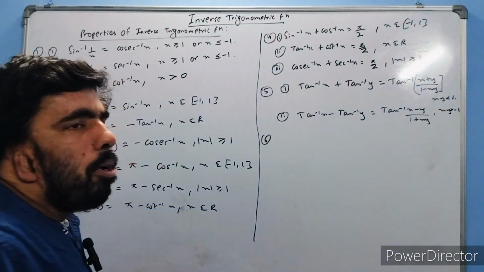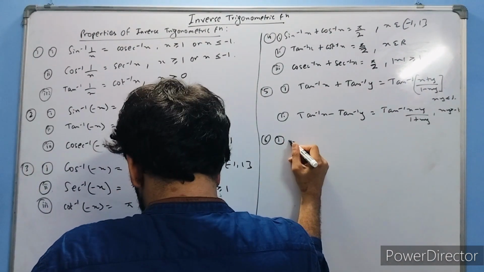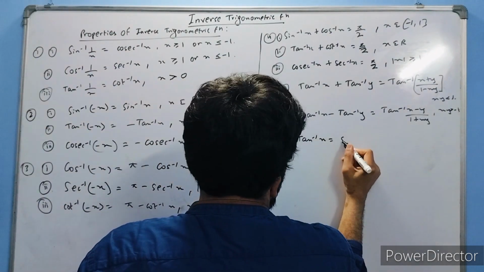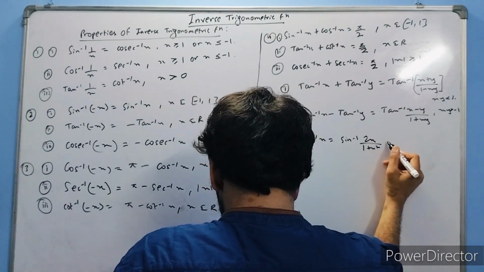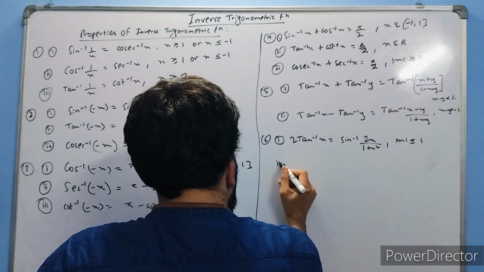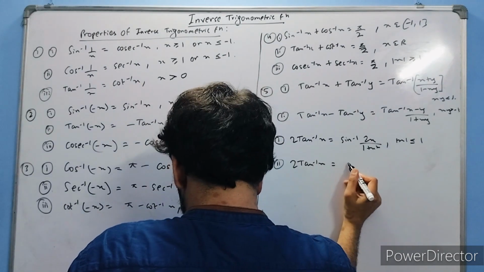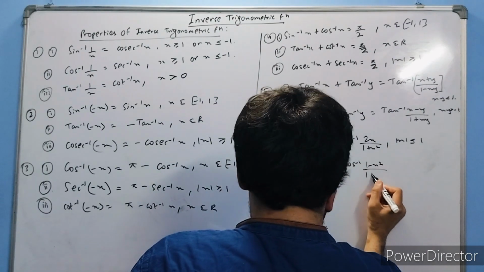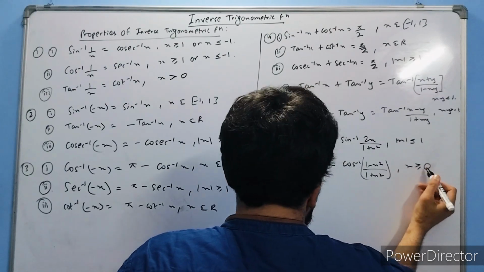Okay, so now I have the sixth one which I have divided them. First is 2 tan inverse x is equal to sin inverse 2x upon 1 plus x square, and we have this. Now for the second, 2 tan inverse x is equal to cos inverse 1 minus x square upon 1 plus x square, x is greater than or equal to 0.